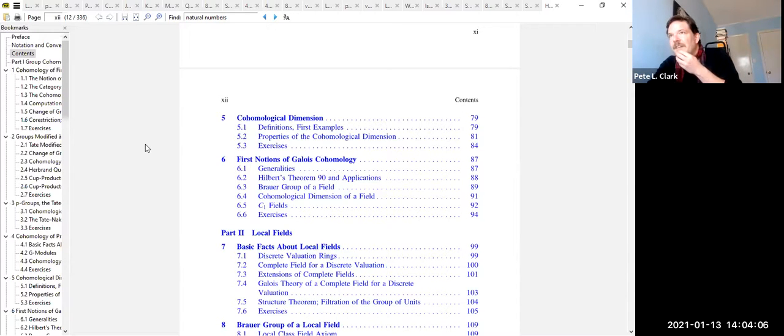That is class field theory for global fields in the positive characteristic case. In fact, Drinfeld modules were invented, among other things, to give explicit class field theory in the function field case. Okay, so that's all I have to say about class field theory in terms of general organizing remarks.